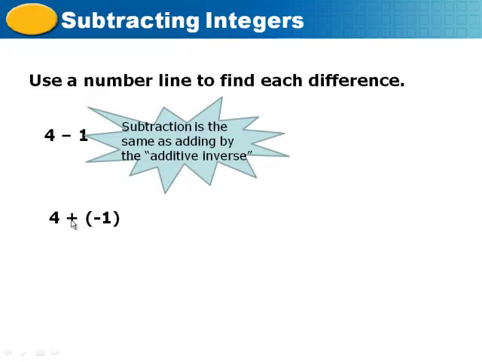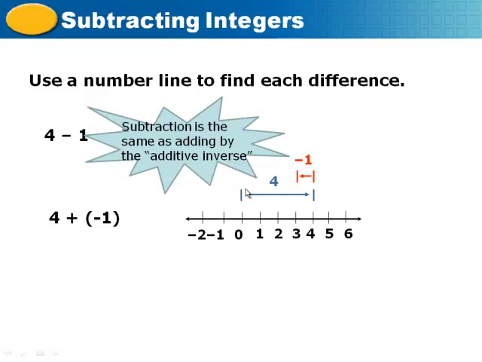Now since we have 4 plus -1, we could go back to the steps that we learned when we were adding integers. We can use our number line, start at +4, and then move to the left 1 space, and we get +3.